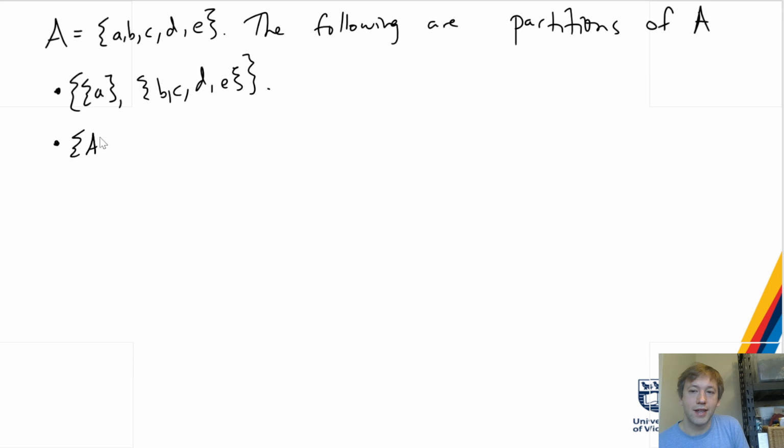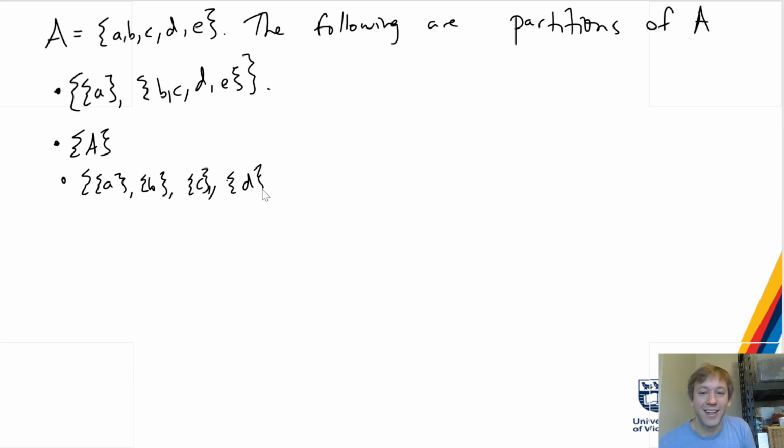Or I could just take the set containing {A, B, C}, that's a partition, or the set containing {A}, the set containing {B}, the set containing {C}, the set containing {D}, and the set containing {E}. Right? And the point here is that in each of these three examples, every element of A appears in exactly one set of the partition.